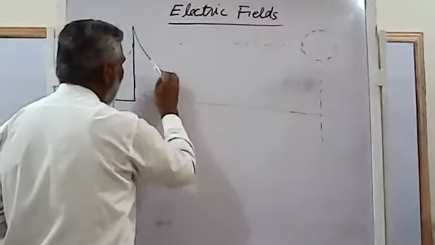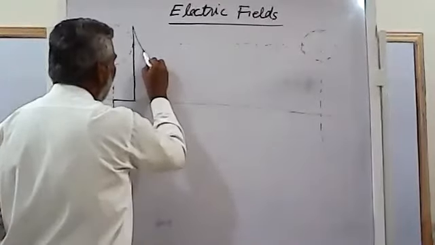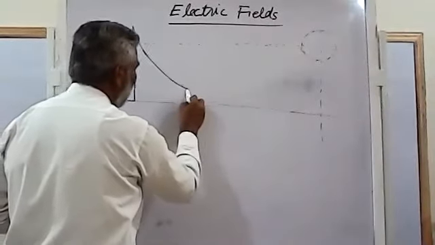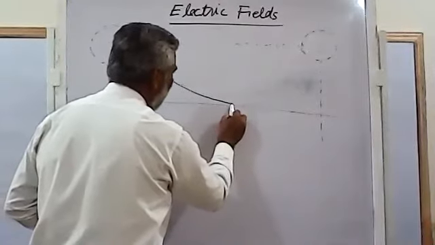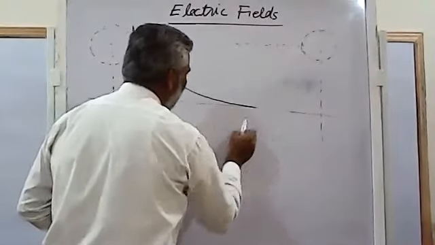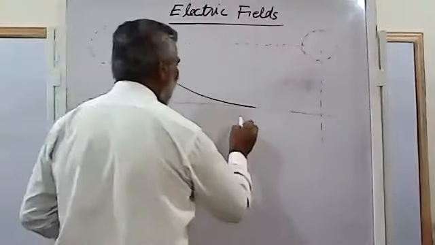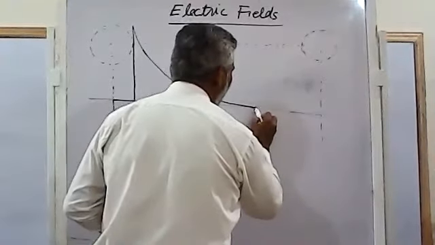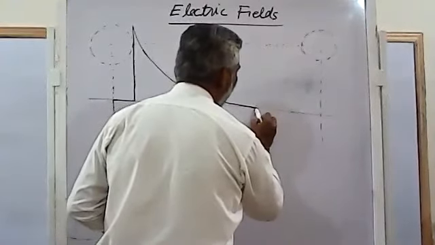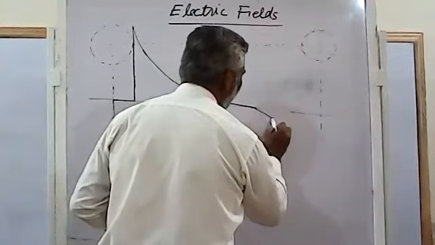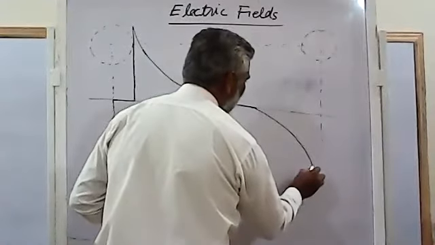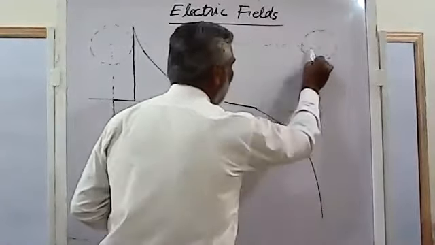And at a certain location in between these two, let's say it is this location where the electric field is 0. And after this, the electric field increases again, and it becomes large here.